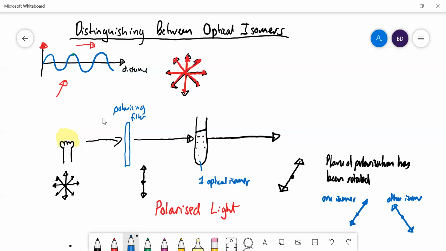One turns it one way, one turns it the other. That is how you determine which isomer you've got. You shine polarized light through the sample and look at how the plane of polarization has been rotated. Don't worry about how you do that. At most you're going to get a 2-mark question on that, but you can quite easily tell how the plane of polarization has been changed.